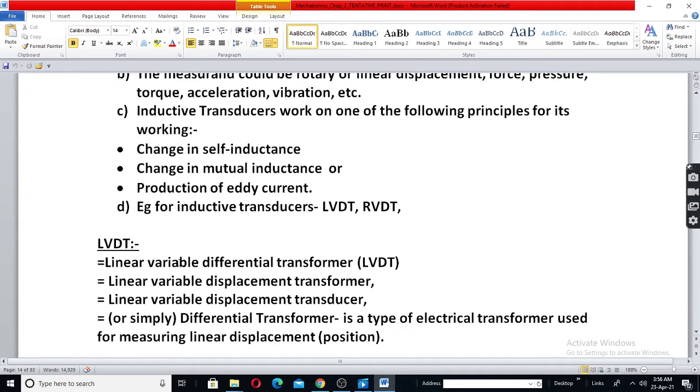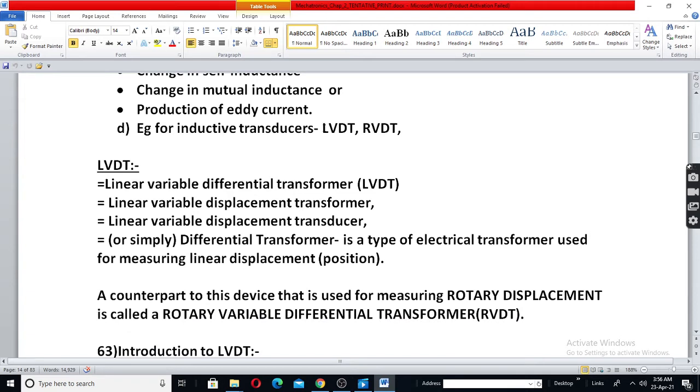You have two types again here, linear and rotary. So linear variable differential transformer or rotary variable differential transformer. It is also known as differential transformer, displacement transformer, or displacement transducer, etc.